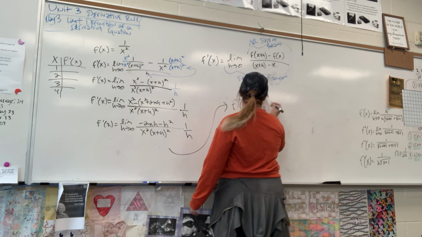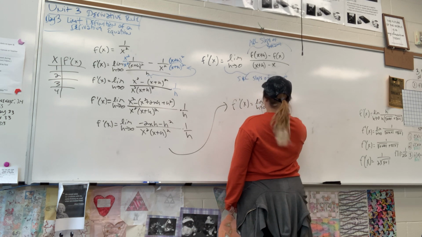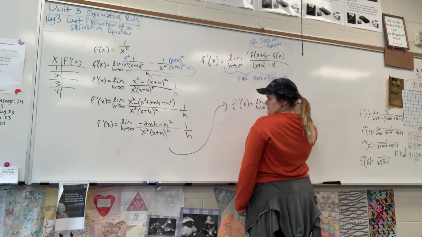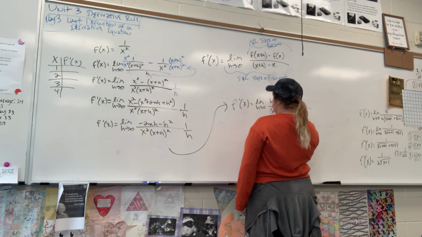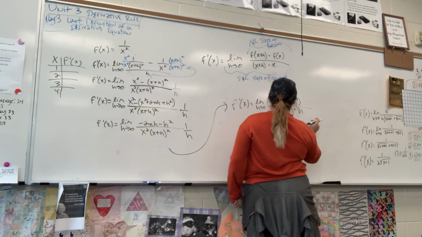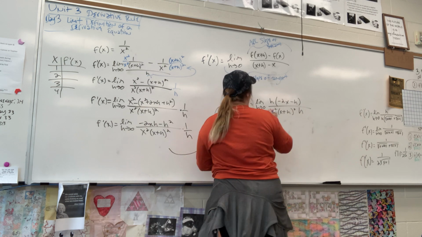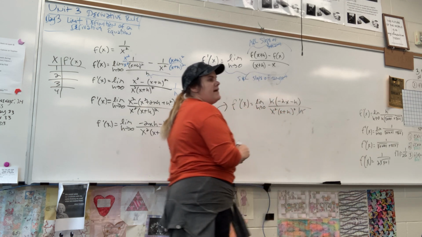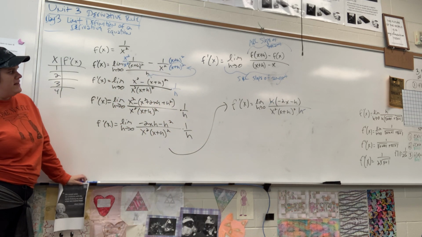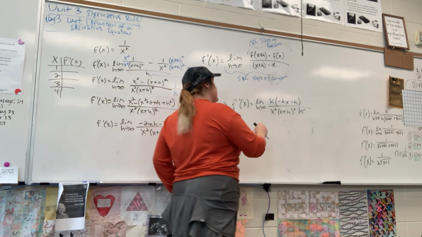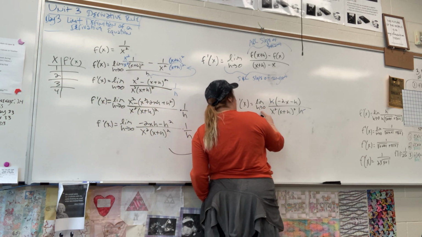So it's negative 2x minus h over x squared, because you can only reduce a fraction over multiplication, right? So, gone. And look, that was my divide by 0 error. You with me? So now I'm ready to make my h become 0.